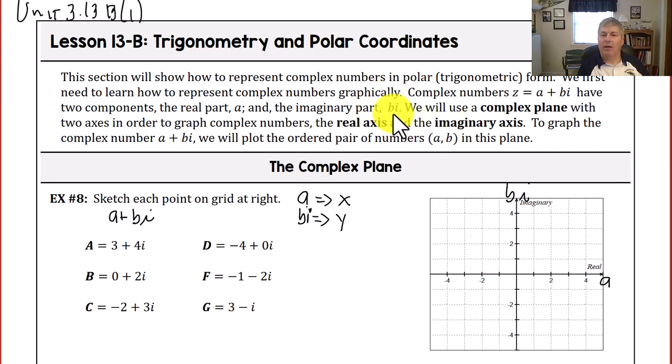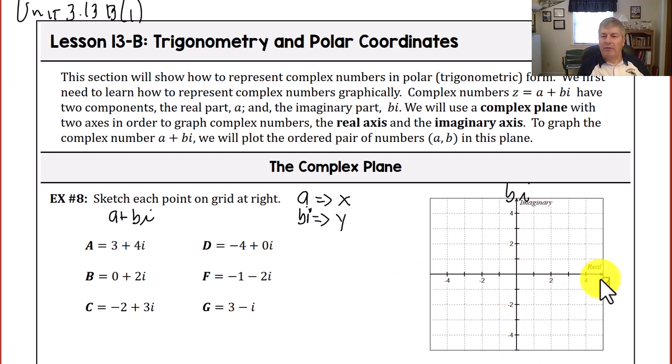And remember that an imaginary number would be like the square root of -1 or some negative square root. Well, we're going to plot points, or complex numbers, on the complex plane, and we'll use two axes similar to what we did for our Cartesian plane.